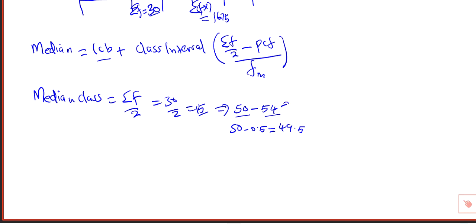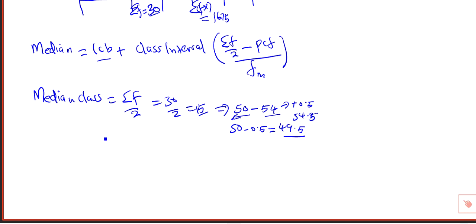For the upper class boundary, you add 0.5, which gives you 54.5. But this one you are not going to use. You're going to use the lower class boundary, which is 49.5.